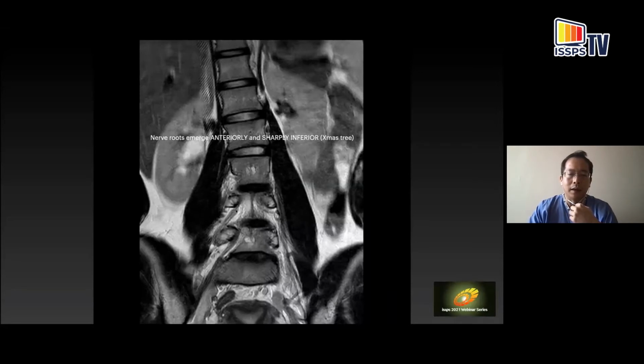And this separates the lumbar spine anatomy from the thoracic spine anatomy as far as nerve root course is concerned. And we'll speak about that in 2 weeks' time. But for now, just remember that the lumbar nerve roots take a very oblique course inferiorly.